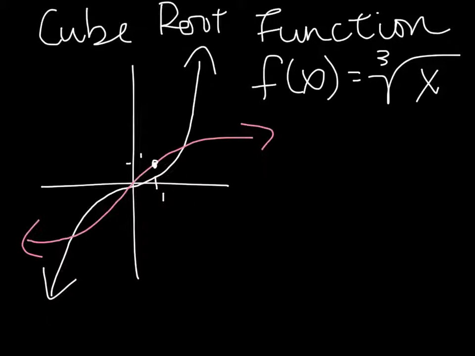Like all the other ones, you would simply plug in the points, and then since you already know what it kind of looks like, just remember this little pink graph, plug in the points, and draw out the rest. Alright, so moving away from the squares and the cubes, there's something called the reciprocal function.